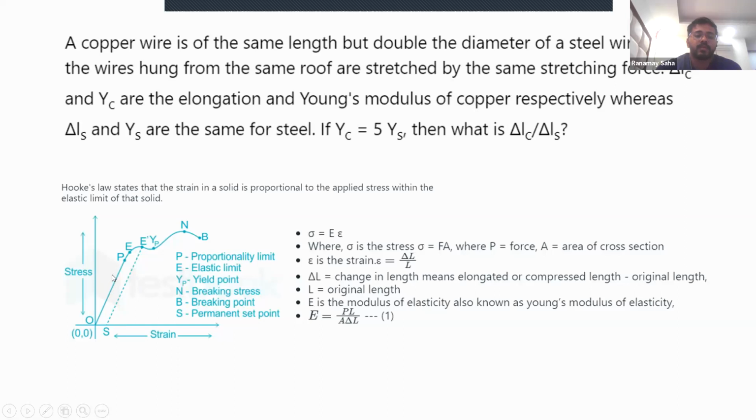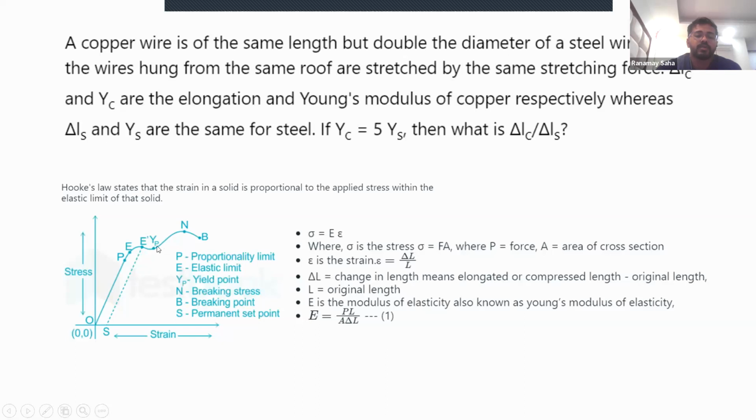Now E dash represents your upper yield point, that is when the material starts yielding, and then YP is your lower yield point when yielding stops.